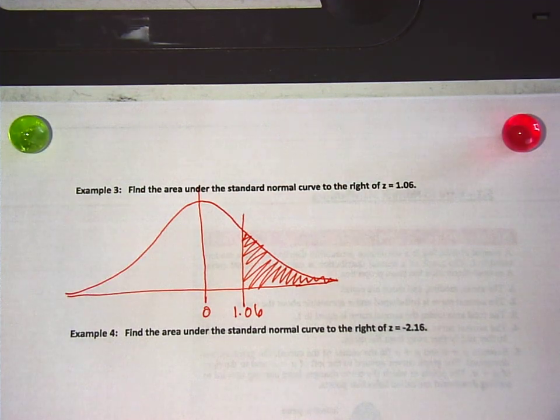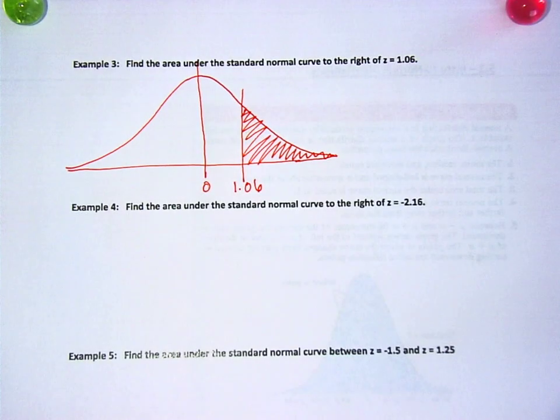Tell me, what is a ridiculous answer? 99%. 50%. It's not 50%, right? Is it more or less than 50%? Less. Everybody see that it's less? All right, so look up 1.06 right now, positive.